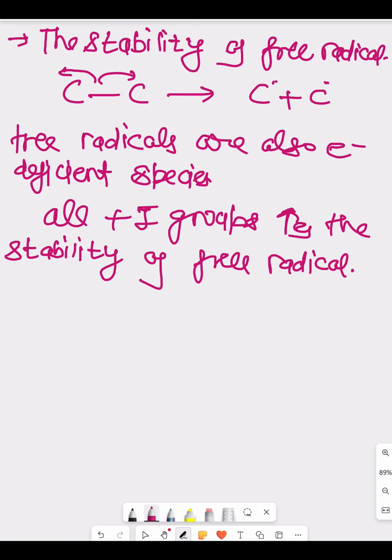Being an electron deficient species, same as for carbocation, all plus I groups increase the stability of free radical, and minus I groups or electron withdrawing groups decrease the stability of free radical. Same as carbocation.